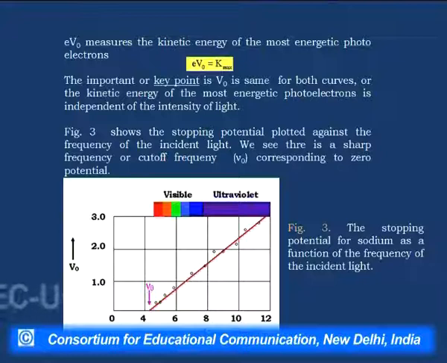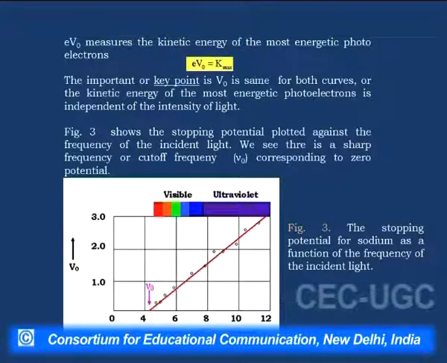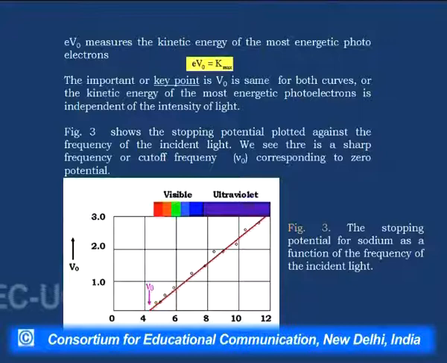Below this frequency, there is no emission of electrons. The stopping potential is 0. I mean, stopping potential 0 means since there are no electrons, no stopping potential is needed to stop them. So, there is a characteristic frequency nu naught above which photoemission is possible. So, these are two important things.